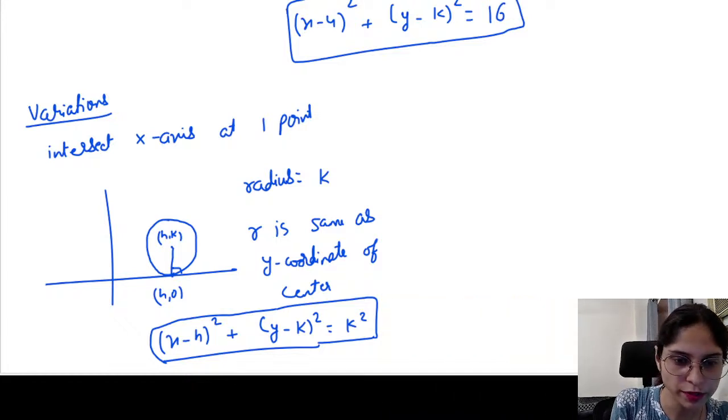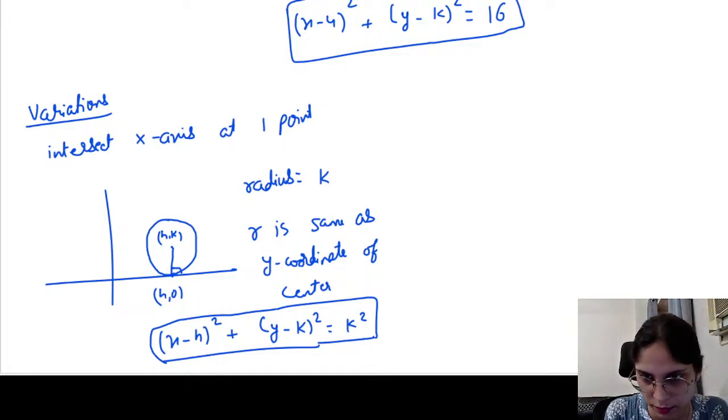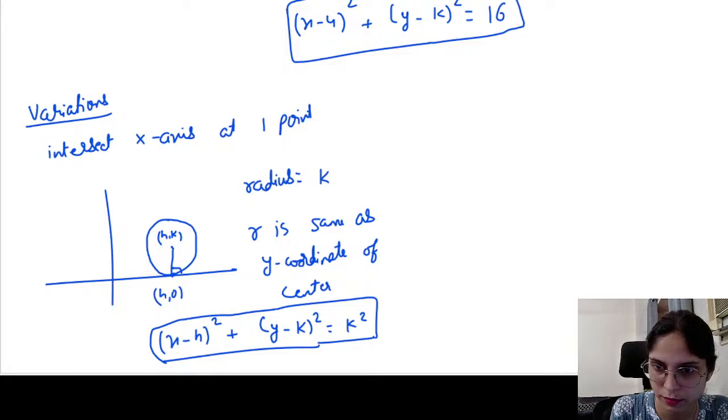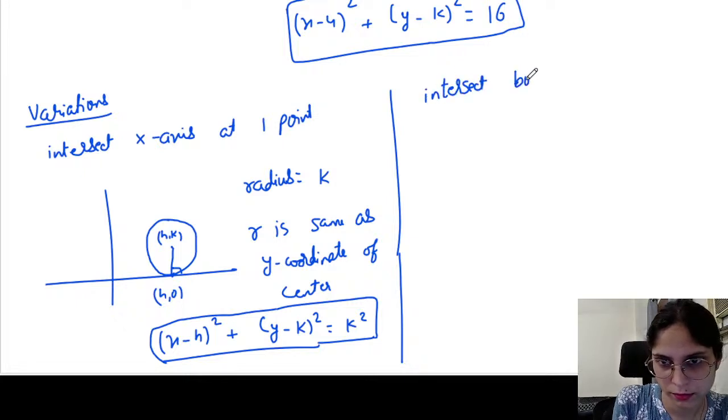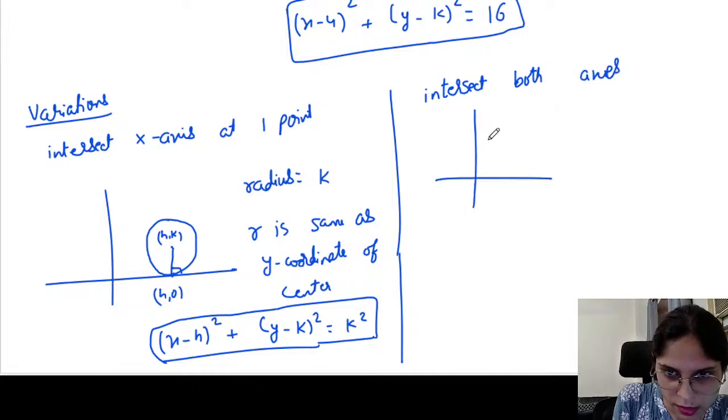And now there is one more variation when it is intersecting both of them. Then circle will look something like this.